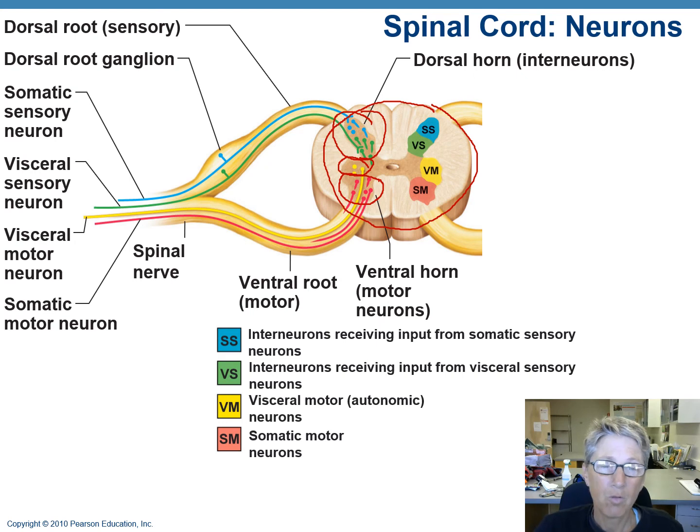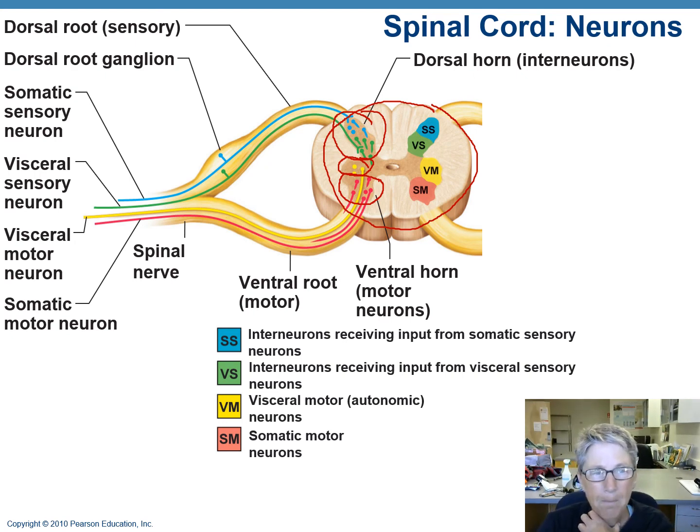Remember, in the dorsal horn, you have interneurons that are synapsing with sensory neurons. In the lateral horn, you have the autonomic nervous system synapses. And then in the ventral horn, you have the cell bodies of the lower motor neurons going out to innervate a skeletal muscle, for example.